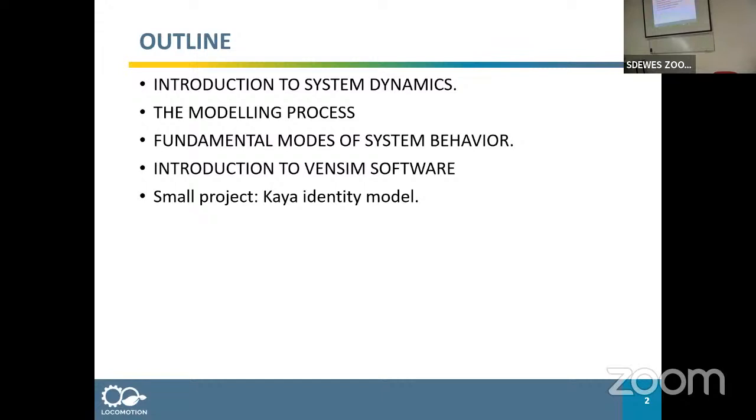Even when they are social, technological, or economic, they have more or less common behaviors. Also, we will do an introduction to the Vensim software, as I have already said. And finally, we will try to do an exercise around the K-identity model with Vensim. You will do the exercise.